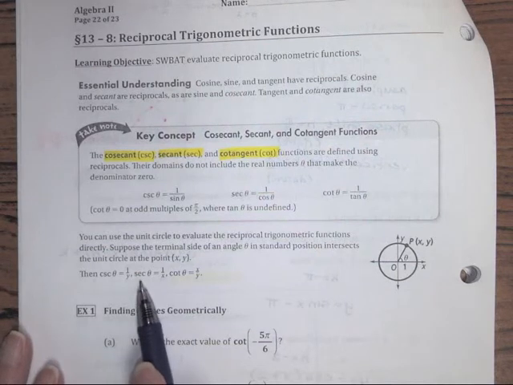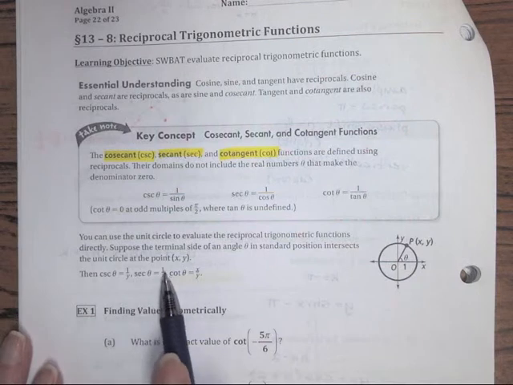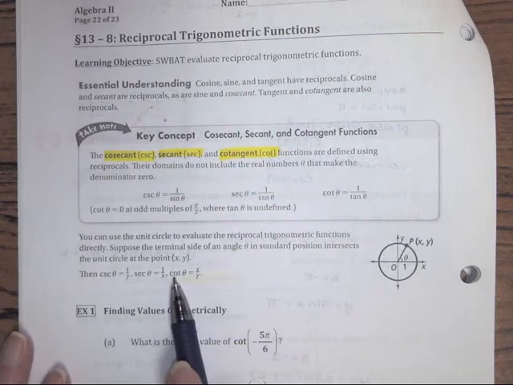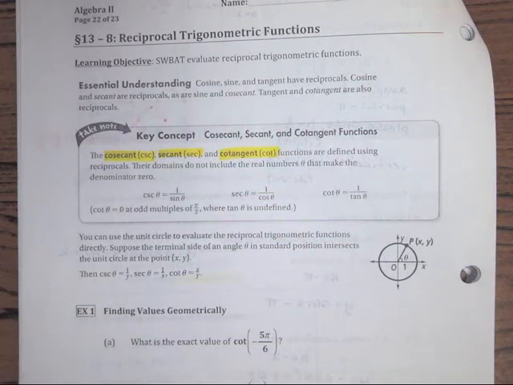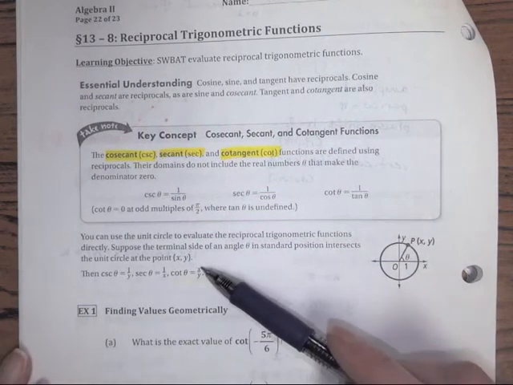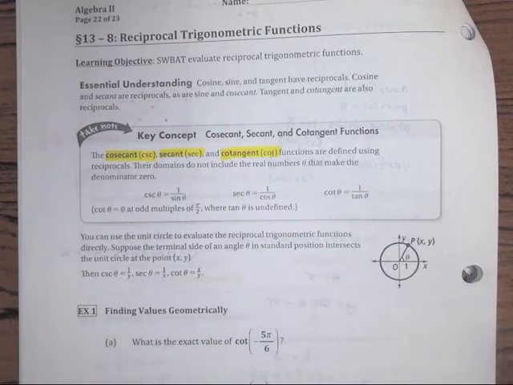The secant, which is 1 over cosine, is going to be 1 over x, because x is cosine. And the cotangent, which is tangent upside down, because remember, tangent is the y value over the x value. Well, cotangent is x value over the y value.